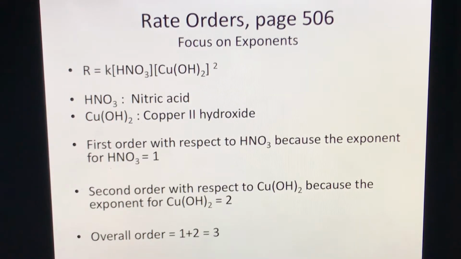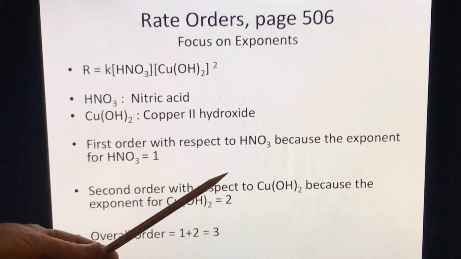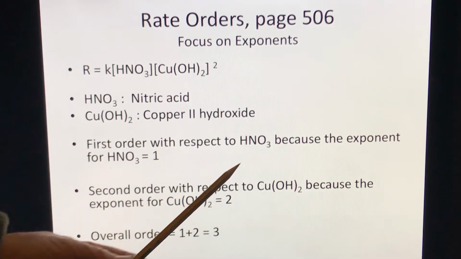So in this reaction that we're looking at, we have two of our reactants, nitric acid and the copper 2 hydroxide. And the book describes them. It says it's first order with respect to the HNO3.